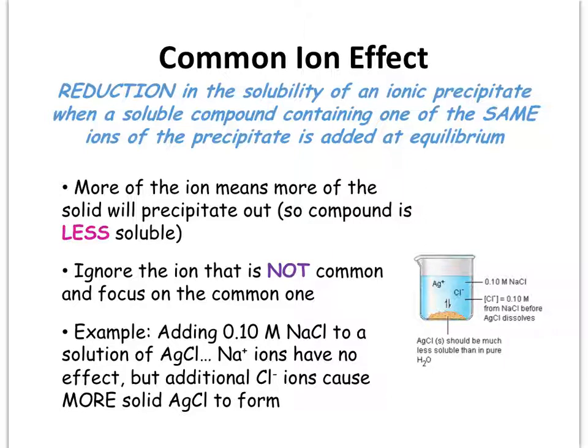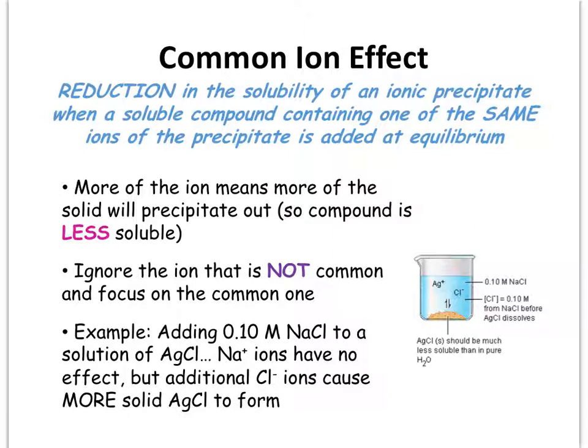So basically, you are adding a substance that has an ion in common with the precipitate you're looking at, and that will therefore lower the solubility of your substance. So it won't be as soluble because of that common ion that's there.